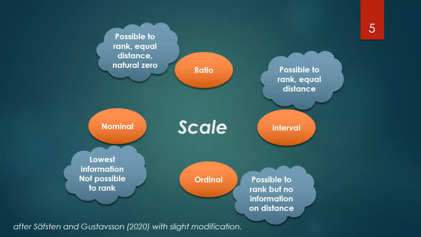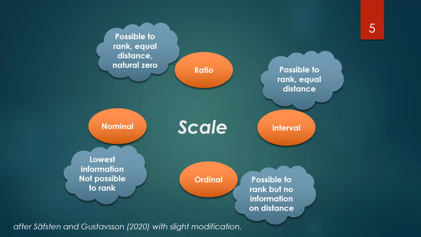Then we have rank: a larger number means higher temperature. And equal distance: between 40 and 45 we have 5 degrees Celsius of difference, equivalent to between 10 and 15 degrees. This 5 degrees is the same all the way.